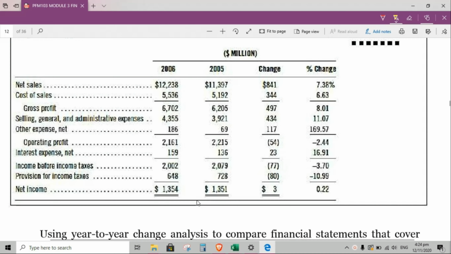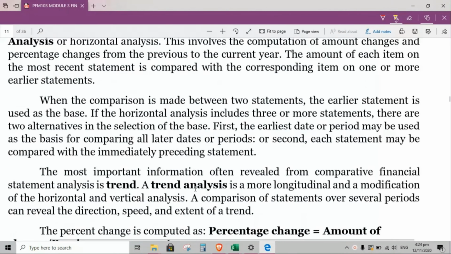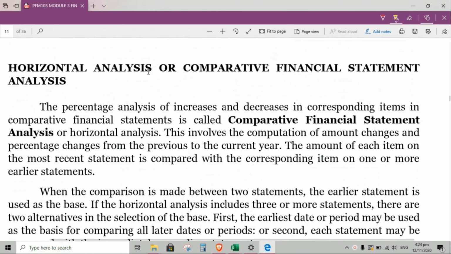Magko-compute tayo kung paano ginagawa yung first financial analysis method, which is the horizontal analysis or the comparative financial statement analysis. Okay, so ano nga ba yung comparative financial statement analysis?